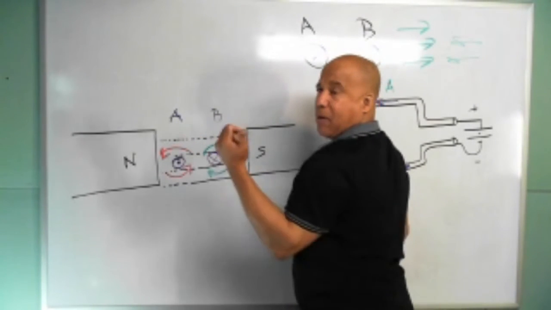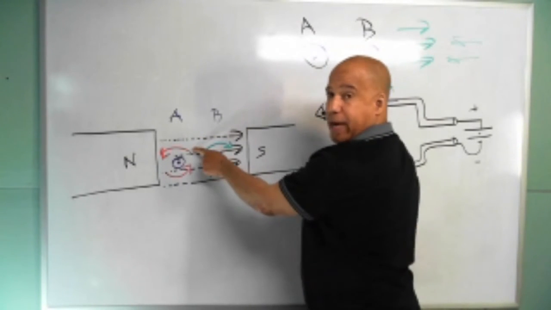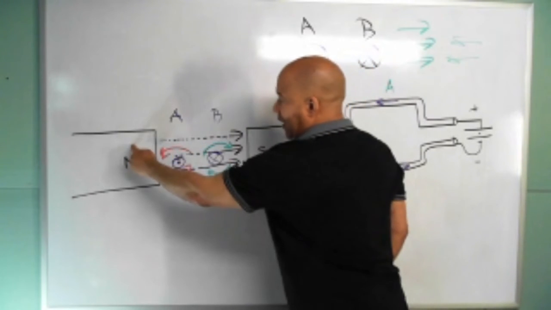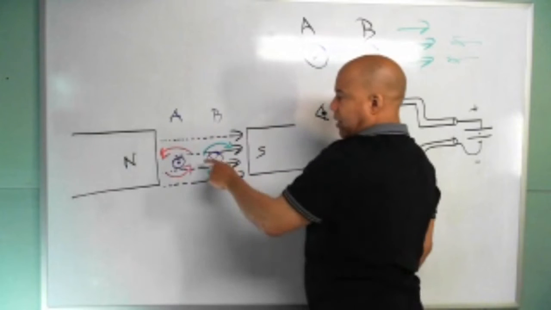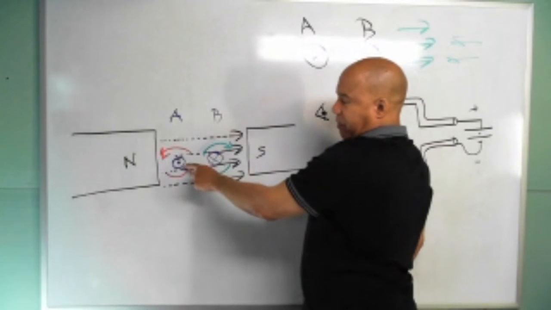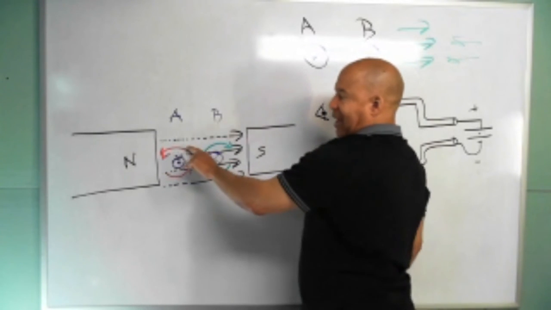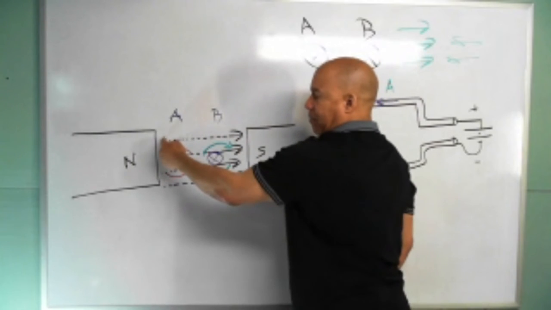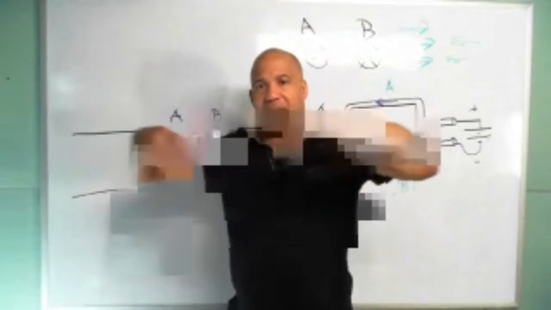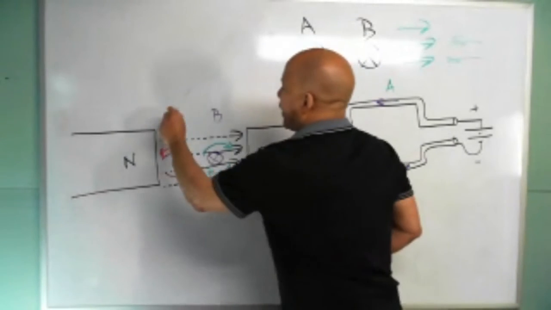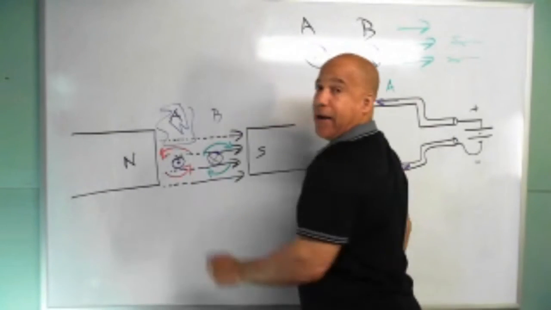I don't know how well that camera is picking these colors up. But this is red. And the flux from these fixed magnets is moving over here to the right. So I got the red flux from conductor A going the opposite direction of the black flux from the fixed magnets. I have a situation where the fields are canceling each other out. So it creates what we call a weak field right there.